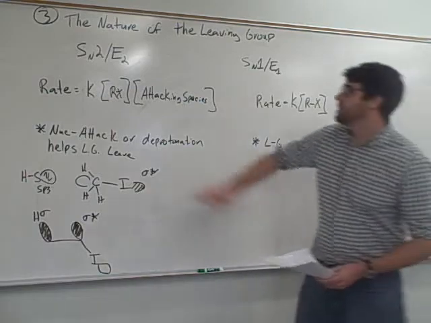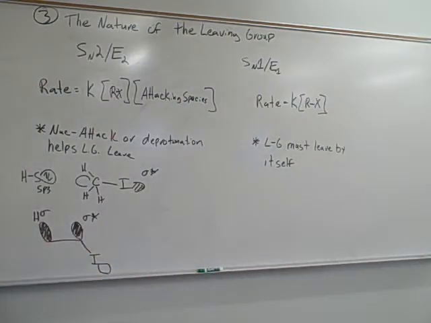On the other hand, if we look at the rate law for SN2-E2, because our attacking species is present in the rate, we know that high concentrations of this attacking species make it go faster. But we know from our FMO analysis that part of the reason our leaving group leaves, in other words why we break our carbon-leaving group bond, is that we are occupying the anti-bonding orbital of the carbon-leaving group bond, essentially causing that bond to break with a little bit of help.